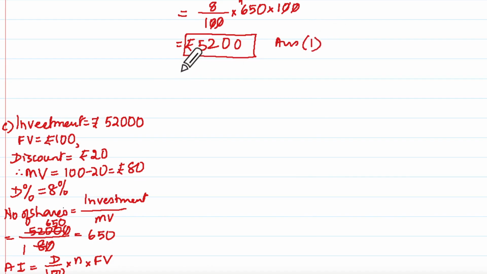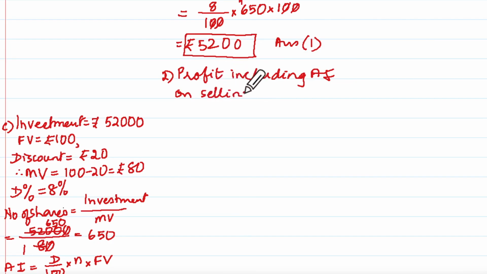Profit including AI. Then the second part they are saying, profit including AI on selling after a year. Yes, after a year. But did they say what is the selling price?